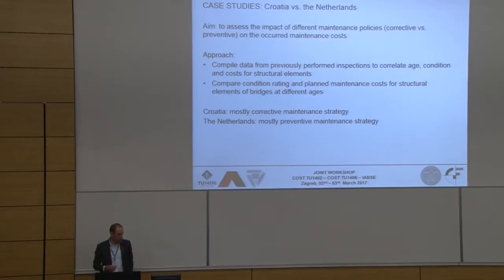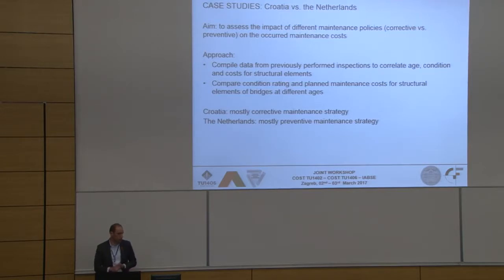So what we did is we compiled data from different inspections which have been carried out in the last years, a little over a decade. And we compared the condition that we found of the main structural elements of the bridges, the maintenance costs that were advised based on the condition rating, and combined that with the age of the bridge at the time of the inspection.